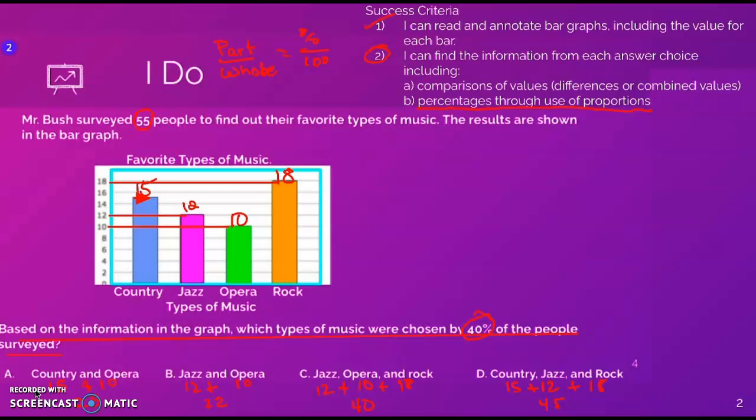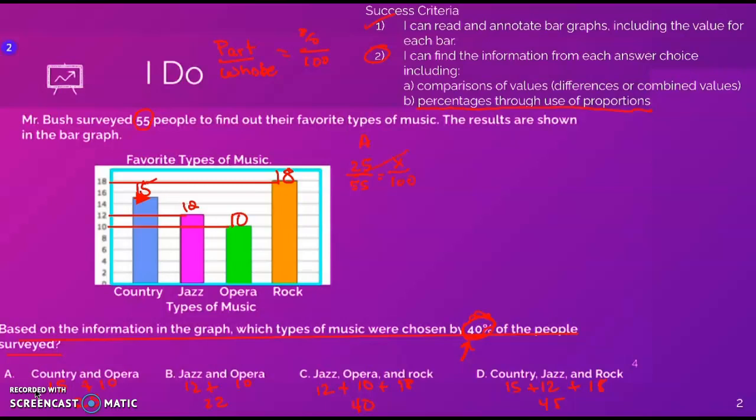Now I'm looking for which types of music combined add up to 40%. I'm going to start with A, right up here. Remember that I am using the proportion of part to whole. The part I'm looking at, country and opera, is a combined sum of 25. The total was 55, and that is equal to x, the percentage, over 100.